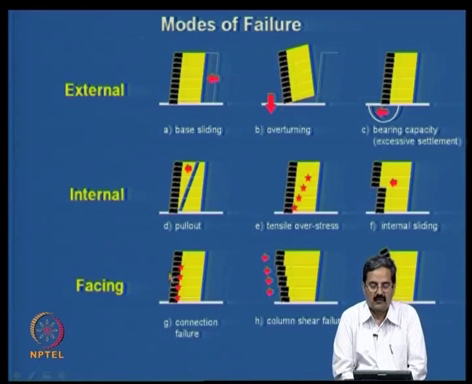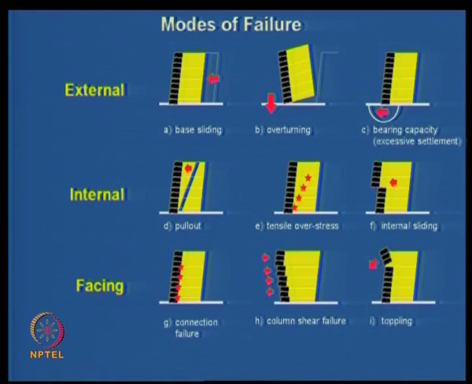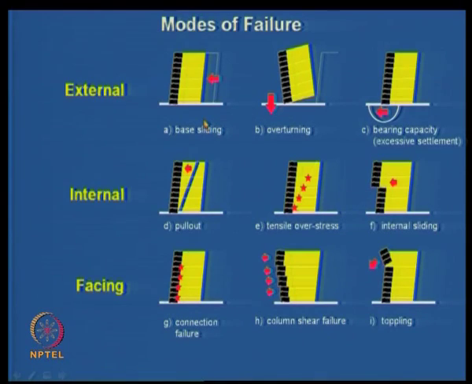Very importantly, since you are putting facing blocks, one should understand that they can fail also. It's not easy to simply stack one over the other. Similar to regular retaining walls, you should check base sliding, overturning, bearing capacity, internal stability, pullout, tensile resistance, and internal sliding.